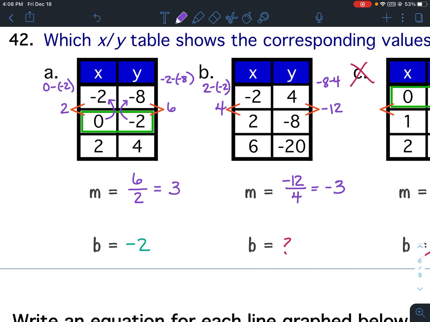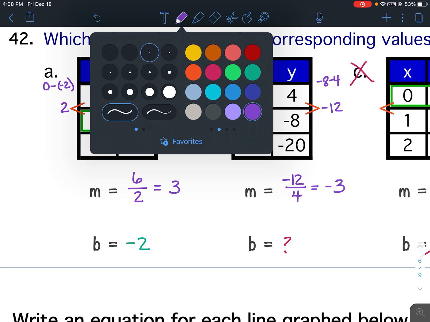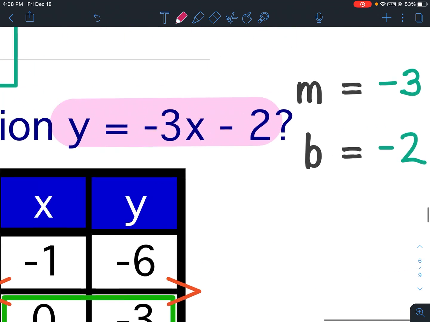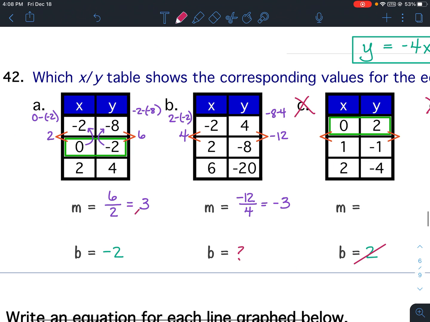All right, so A has a slope of positive 3, B has a slope of negative 3. Well, it says here that my slope needs to be negative 3. So this one will not work. So my final answer is B.